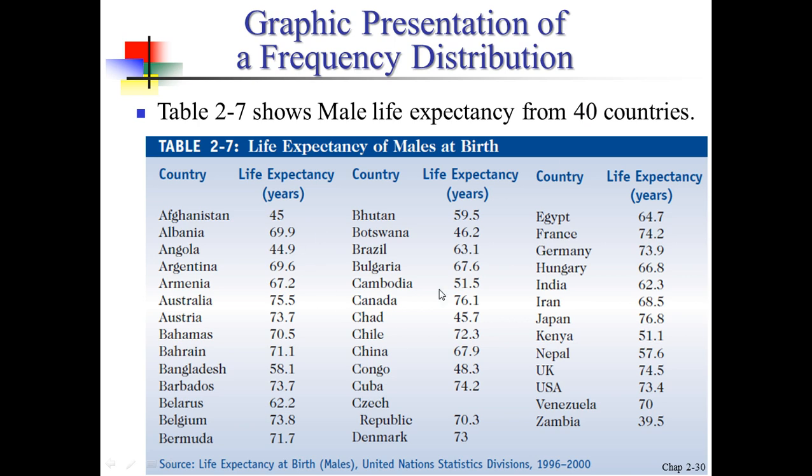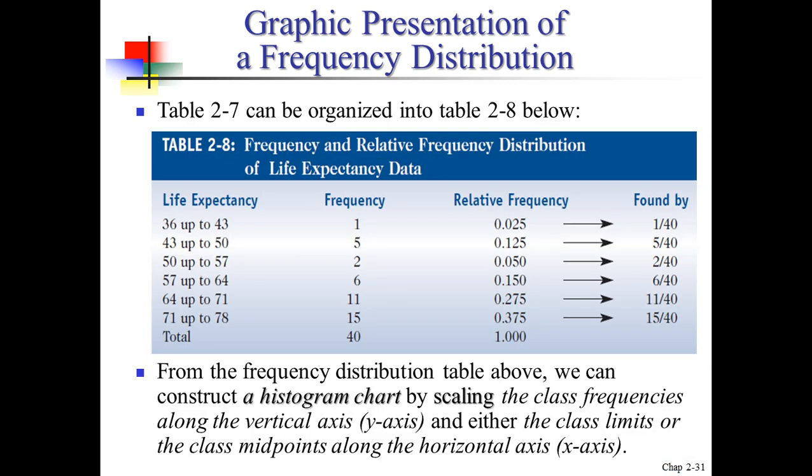This is a data set not yet developed into a frequency distribution table. That's why based on this you need to run the 5 steps. But suppose the 5 steps are already done, you got this one. Column 1 and column 2 are from the 5 steps. If you add one more column, this is step 6, the way that you find the relative frequency.